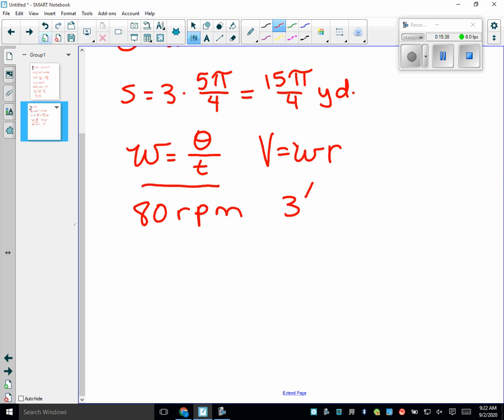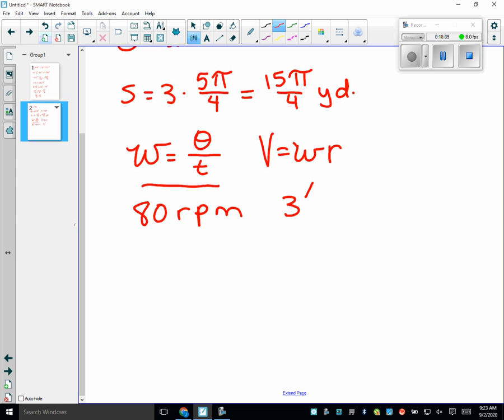If it turns 80 revolutions a minute, how much is one revolution in radians? 2 pi. Because anything to do with this has to be radians. So you agree theta must be 160 pi. Yes.